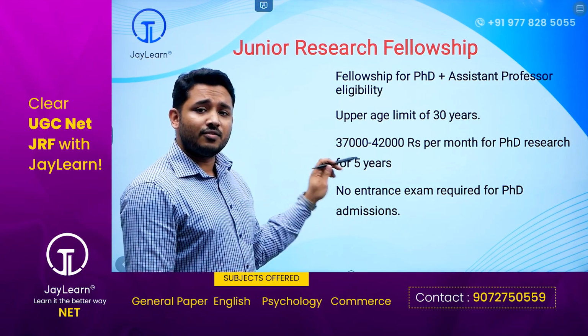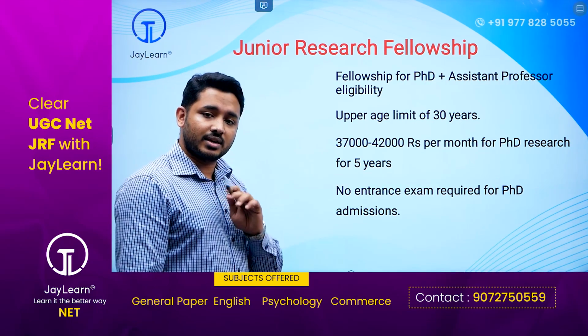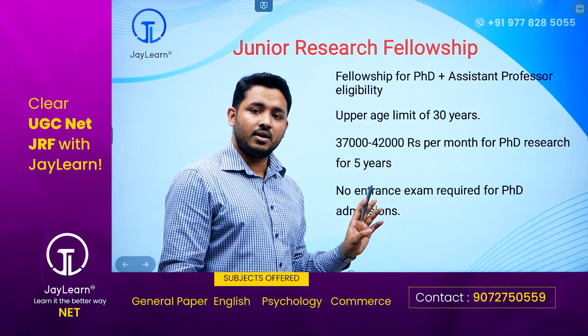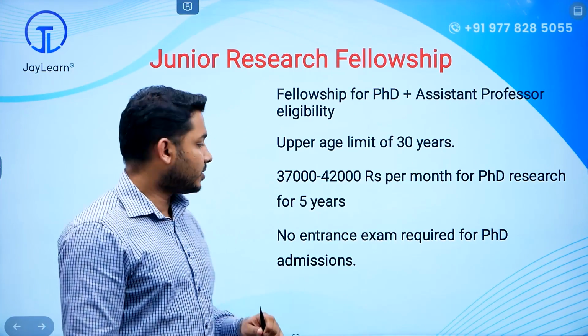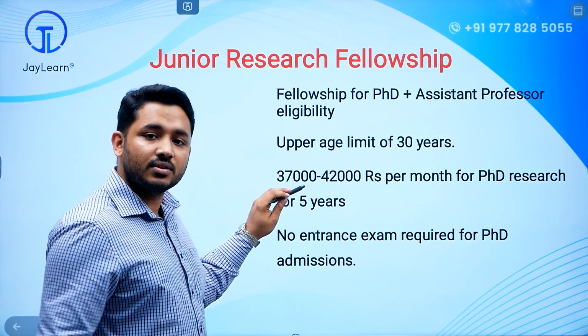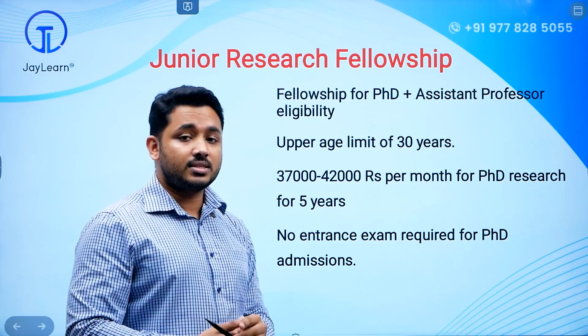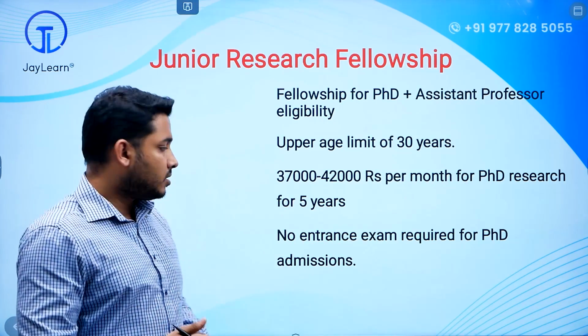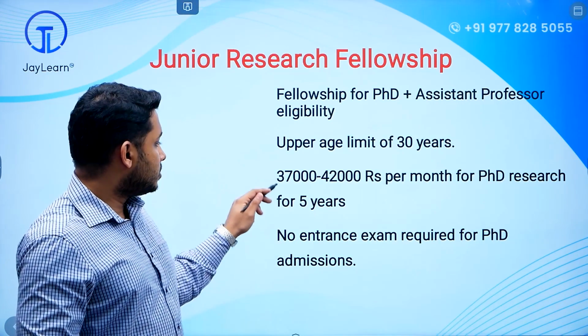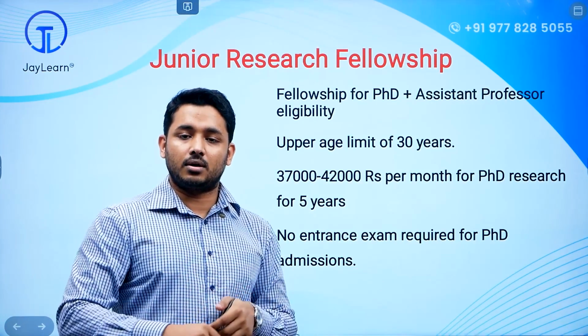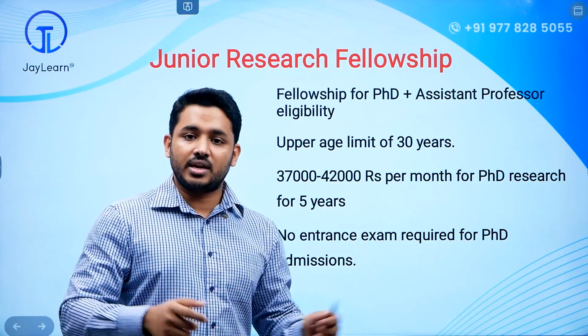And now what's the fellowship amount? They have recently, in October 2023, increased the fellowship amount. Now it's 37,000 for the first 3 years and 42,000 for the next 2 years. So that's a good amount for someone doing research. So imagine you are 24, out of your master's degree, you already have JRF.